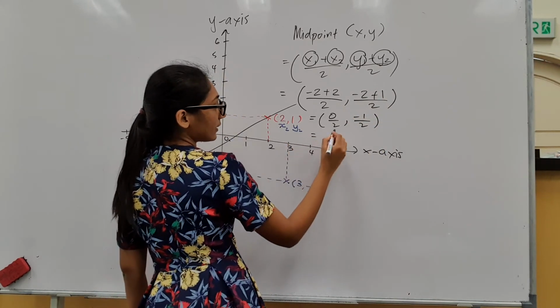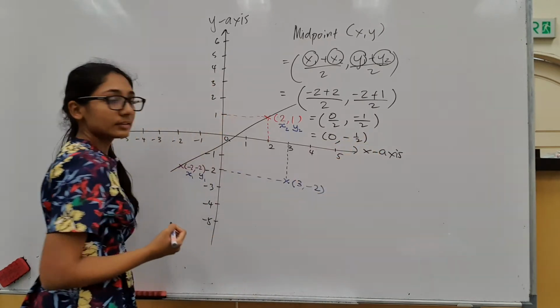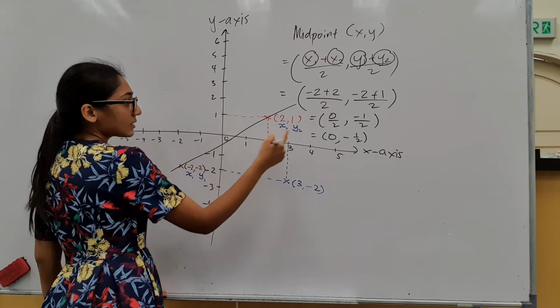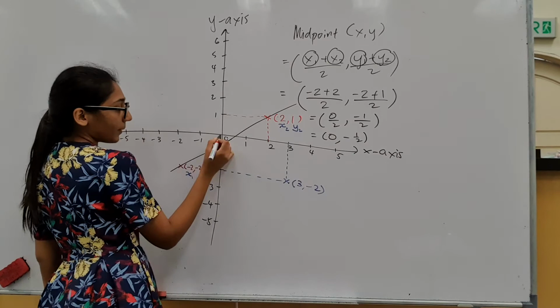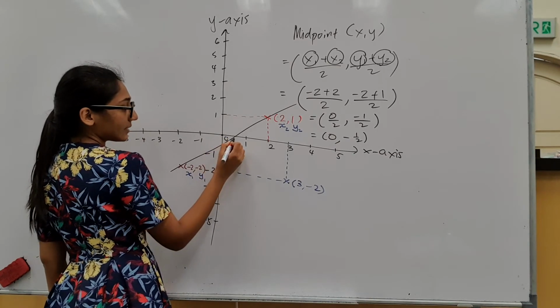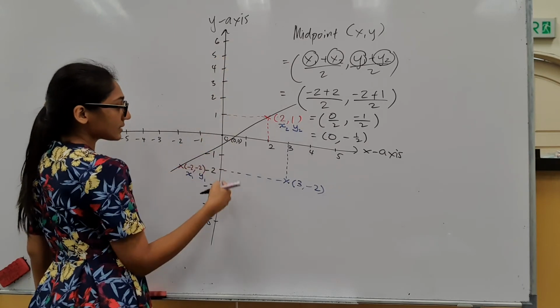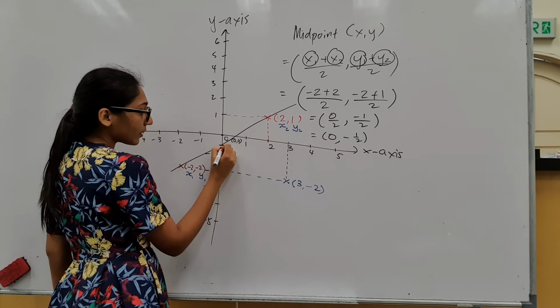So my coordinate is 0 divided by 2 is 0, and then this is -half. That means my midpoint will be 0 for my x value and y value is -half. So 0 for my x value is here. The center has a coordinate 0, 0. -half, my y value will be -half. So if -1 is here, -half is somewhere here.